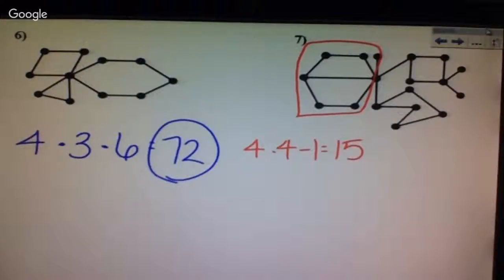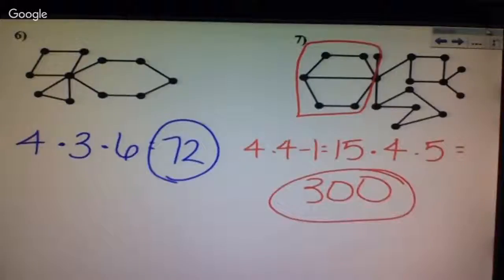So these ones have 15 different ways that I can do this. And I have 4 different ways to take one off of this one, and 5 different ways to take one from this one. 300. There's 300 different ways that I can make a spanning tree from this picture.